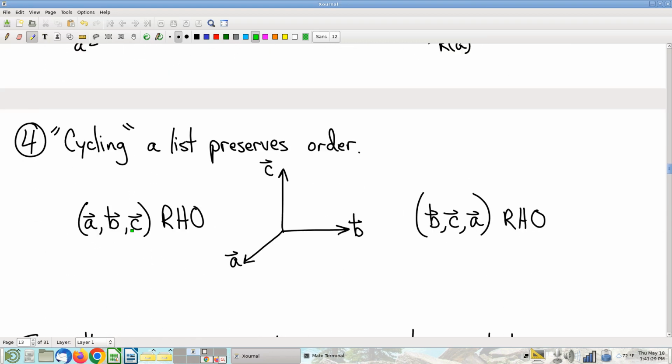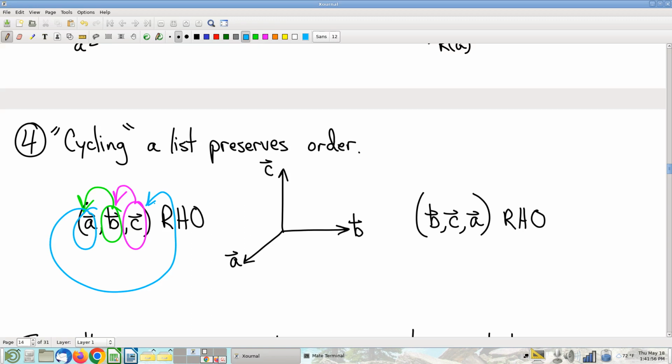Now, the fourth one is exactly what you were asking, and this is what I like to call cycling the list. So cycling the list means that, per my response, what had been third goes to the second position. What had been second goes to the first position, and what had been first goes back around to the third position.